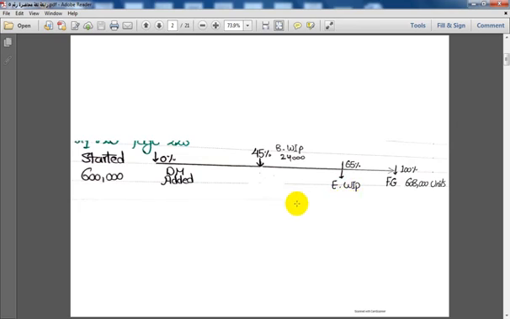We have 6 steps. The first 3 steps represent the production data flow, and the last 3 steps represent the cost flow or the cost data.